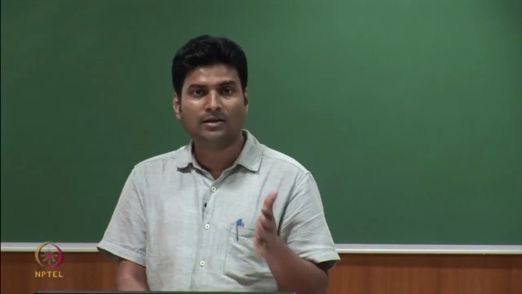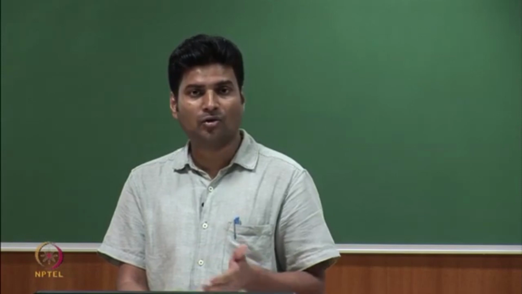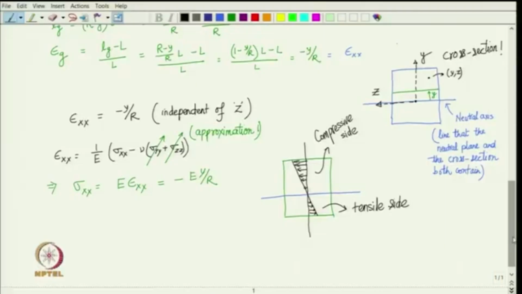So, what does that mean? If you integrate sigma x x in the entire cross section, it should be 0, right, because the integration of sigma x x over the whole cross section, that gives you the force in the cross section along the normal to the cross section, right. And since the total force is 0, this integration must be 0. Okay.